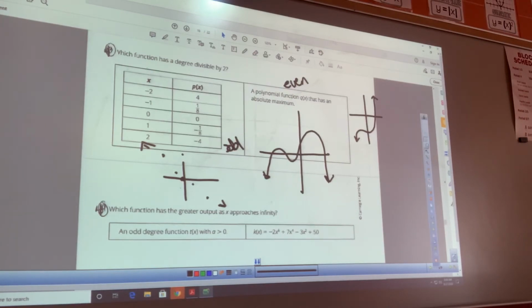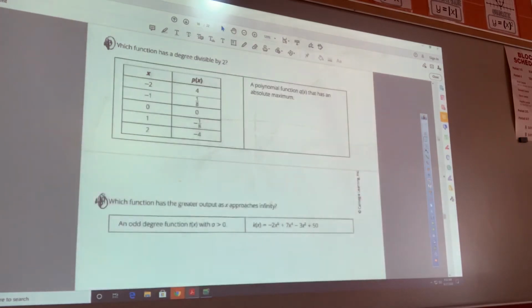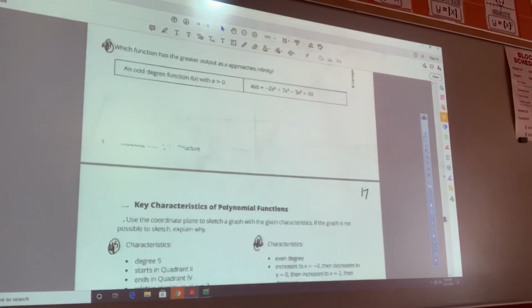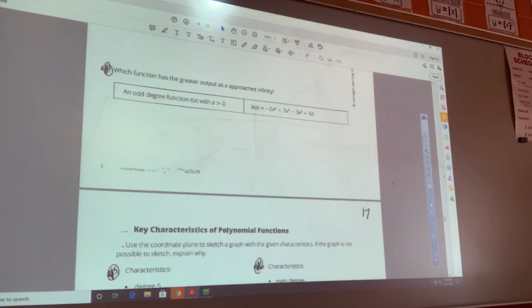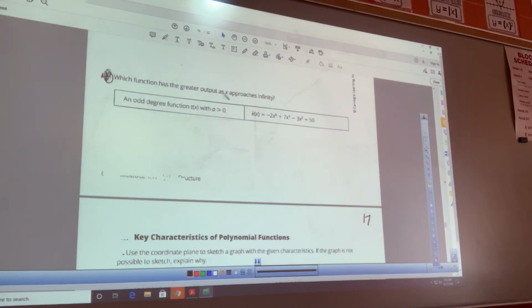Now let's look at 44. Which function has the greater output as x approaches infinity? An odd degree function with an a greater than 1.